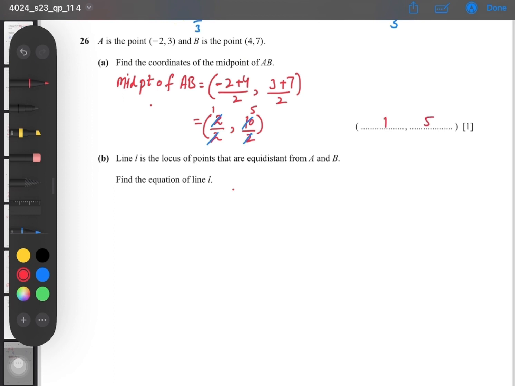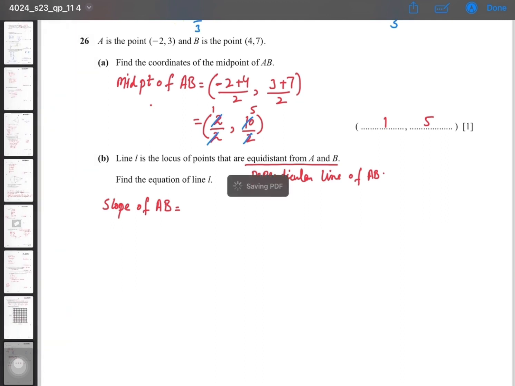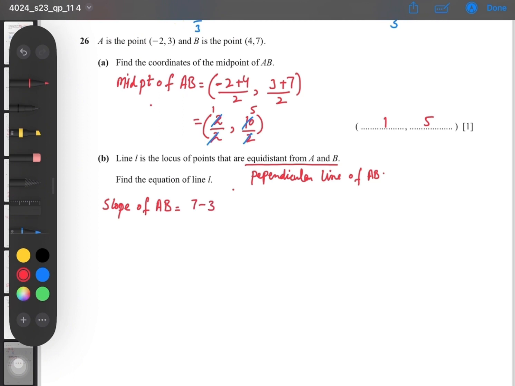Line L is the locus of the points that are equidistant from A and B. Find the equation of line L. Line L equidistant from A and B means we need to find the equation of the perpendicular line of A and B. So slope of AB is (7 minus 3) over 4 minus -2, and after simplification I'll get 4 over 6, that is 2 over 3.